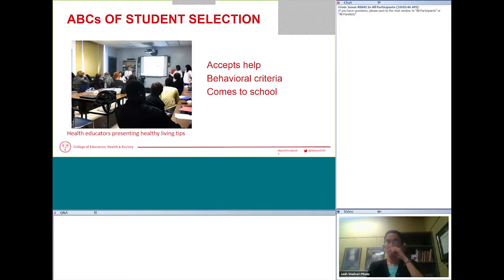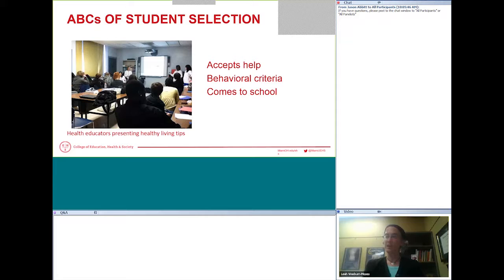They're going to be challenging to work with, but they do have to be able to accept help. We do not require young people to come into this program. For our high school students, we show them this slide: you have to be able to accept help, and everyone has good days and bad days, but they have to be able to have someone sitting with them and want to do that.